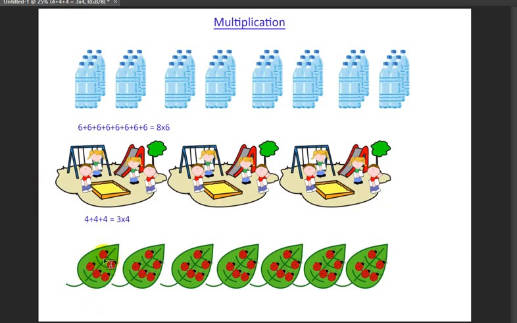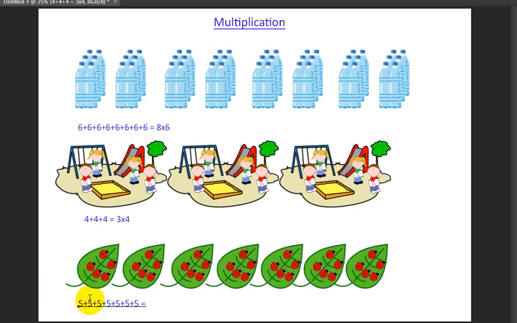Here we could be asked how many ladybugs are on all the leaves. Well, since there are 5 ladybugs on each leaf, and there are 7 leaves, that means that to find how many ladybugs there are, I would have to do 5 plus 5 plus 5 plus 5 plus 5 plus 5 plus 5.